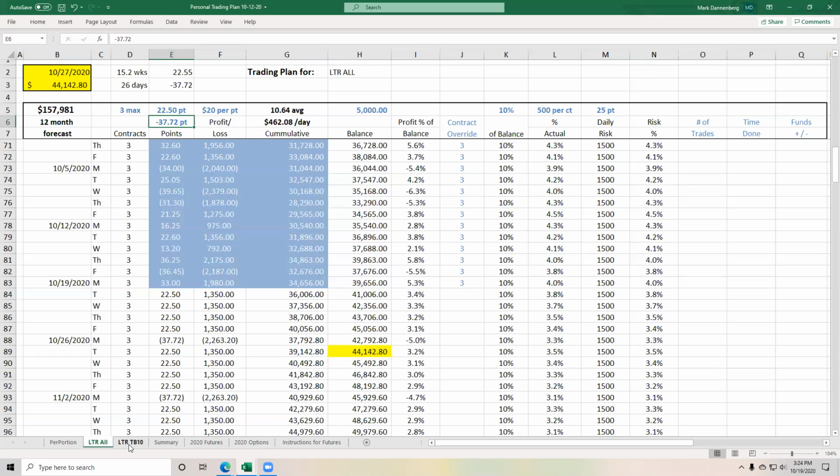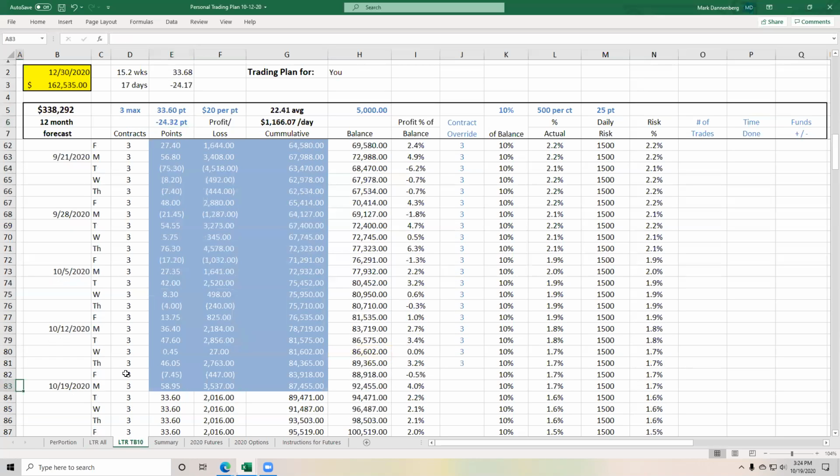All right, so let's jump over to our other category, which is the 7 a.m. to 4 p.m. category, which uses only the trend bias and trend continuation trades. Now here, the numbers are a little different. First of all, you're trading a longer period of time during the day. Second thing, you're only taking 2 of the 4 signals that the adaptive entry system presents to you.